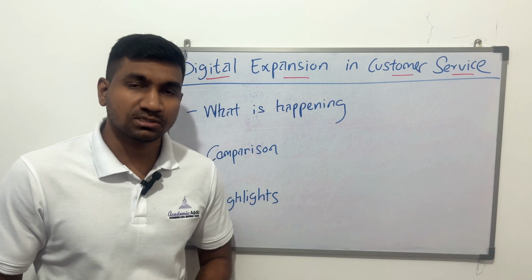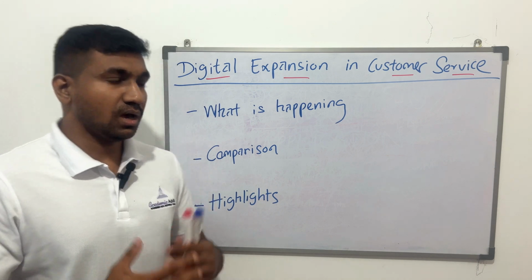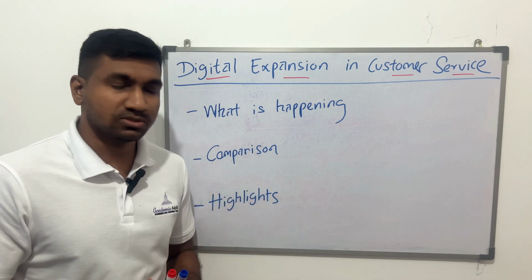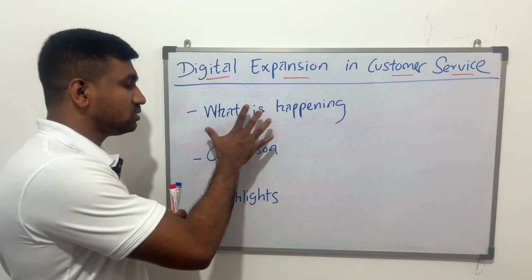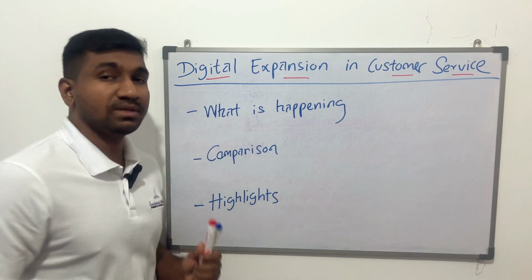Okay, in the application, you can separate your application into three main sections. You can amalgamate and write it as well, that is no problem, but make sure to cover these three areas. For the first one, what is happening in the company?